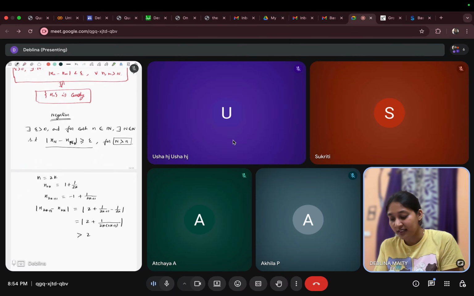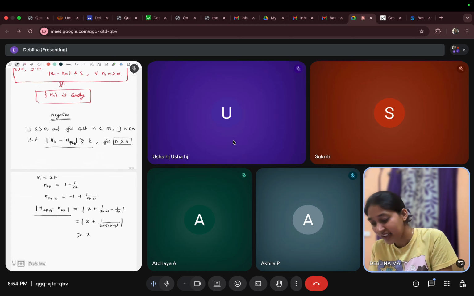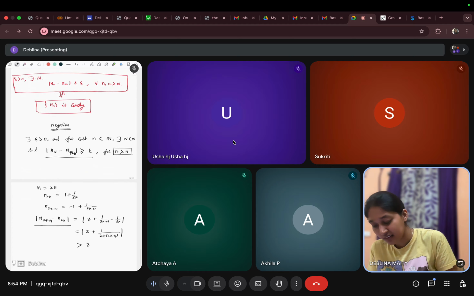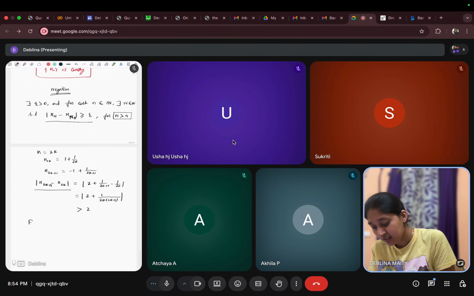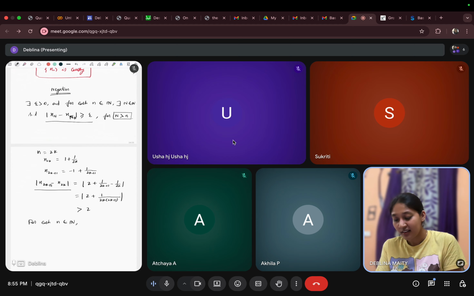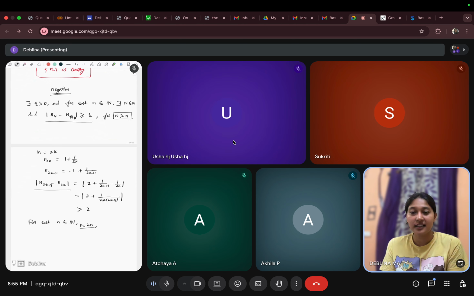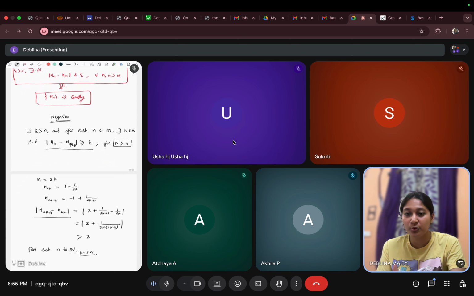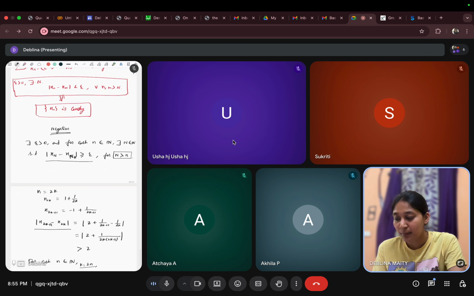So this means for any n in the natural numbers, we can find a k, which is 2n, for which the difference is greater than 2. So it is not going to be close enough to 0. xn minus xm is not less than epsilon.